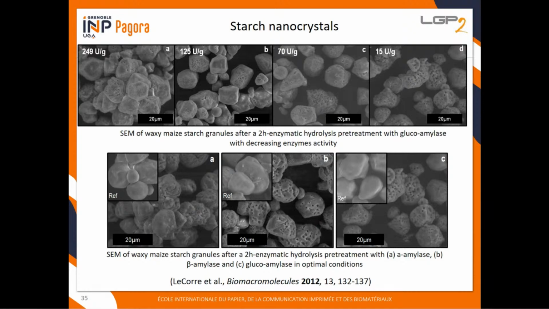You can see here the starch granules that were enzymatically hydrolyzed with different doses of enzyme. And you can see that this treatment creates some holes at the surface of the granules that should facilitate the penetration of acid during the treatment.